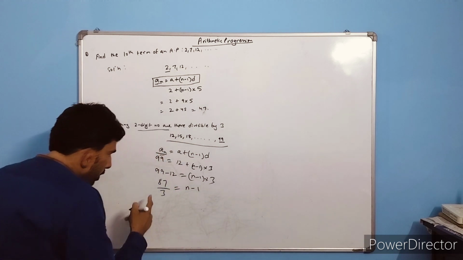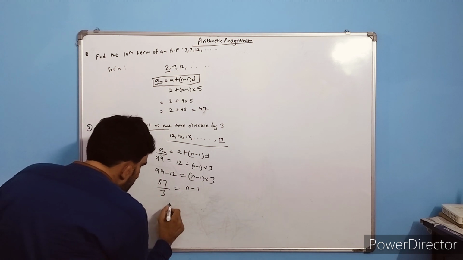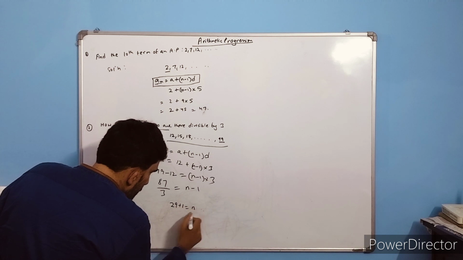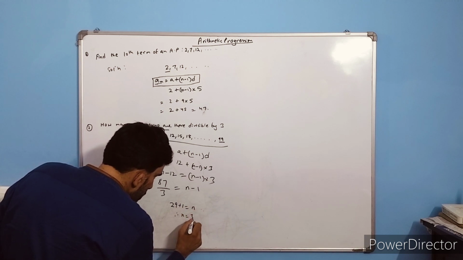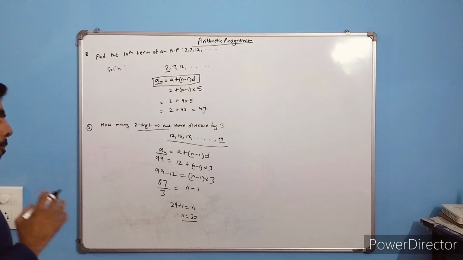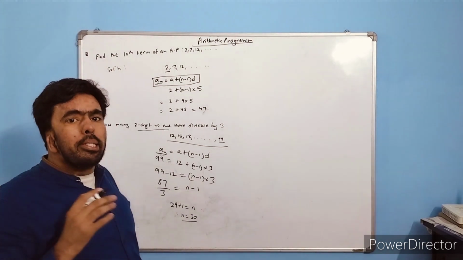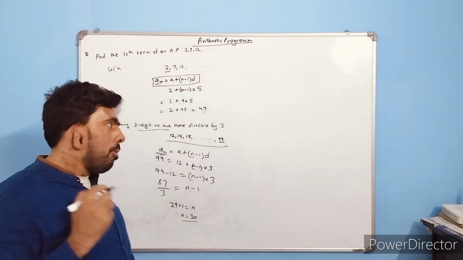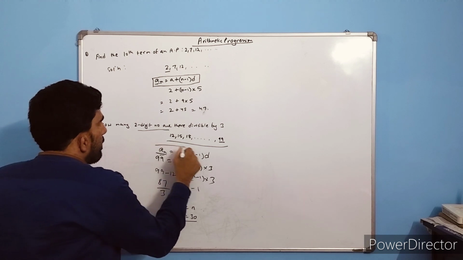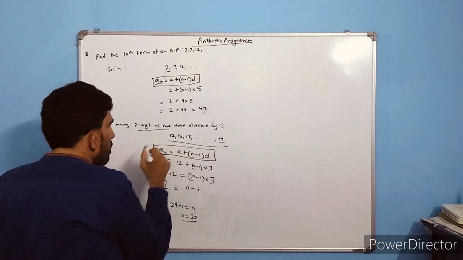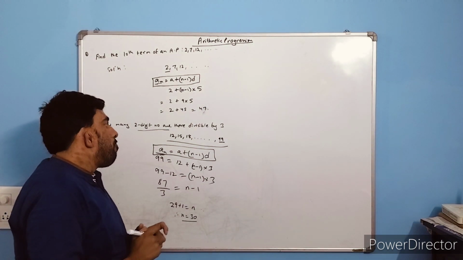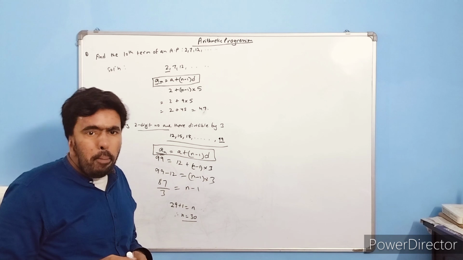Now if I solve this, I get 29 plus 1, so n is equal to 30. So there are 30 two-digit numbers which are divisible by 3. That is how we can apply this formula. A lot of questions are based on this formula, so we will discuss them one by one.